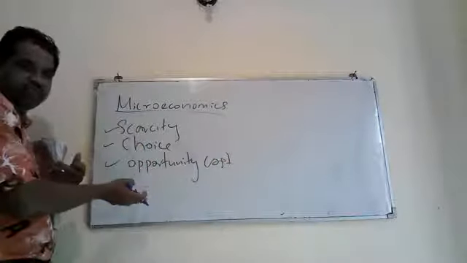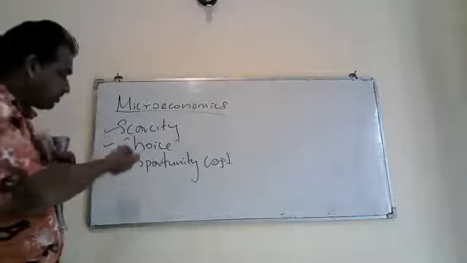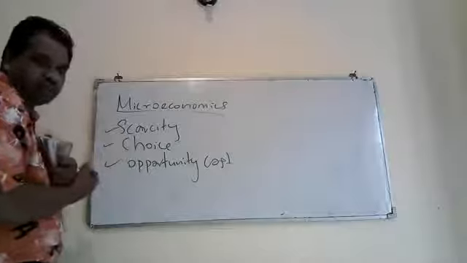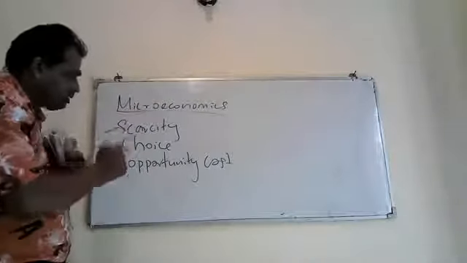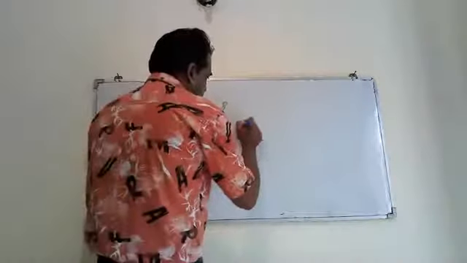We have more concepts available in microeconomics, but I will introduce these 3: scarcity, choice, and opportunity cost. Then you have to explain how you can use your PPC curve to explain these things. Right. I will take the first one, scarcity.